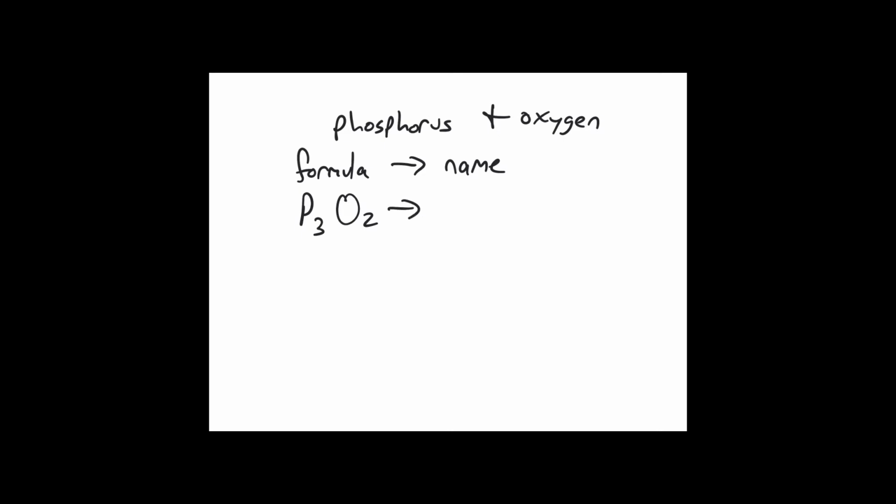So the basics are pretty simple. We write the name of the first element, and I'm going to leave some space out front. You're going to see why. So that is phosphorus. And then the next element, the oxygen, we're going to do the root word. I'm going to leave a space out front, and we add "ide."